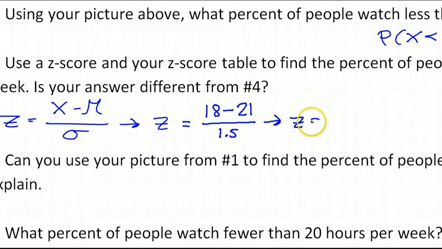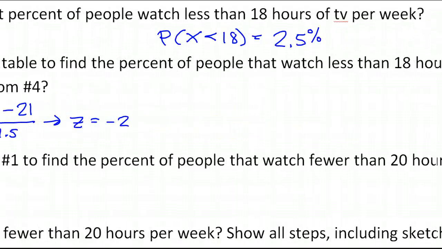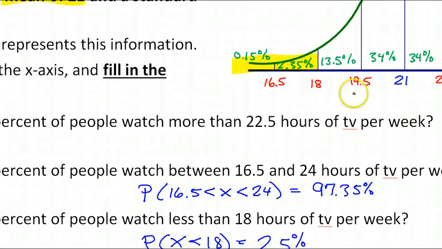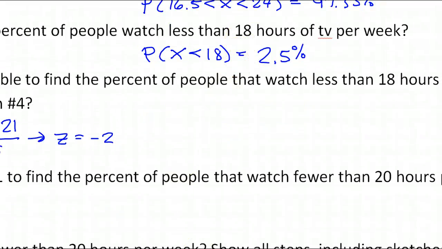So 18 minus 21 divided by 1.5 gives me a z-score of -2. Of course, we knew that it was going to be -2 because it's 2 standard deviations to the left. That's what a z-score is: how many standard deviations you are to the left or right.